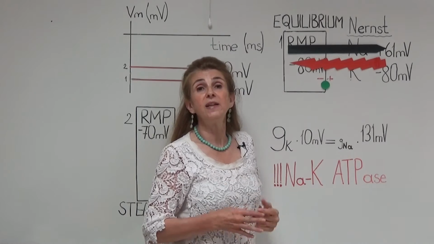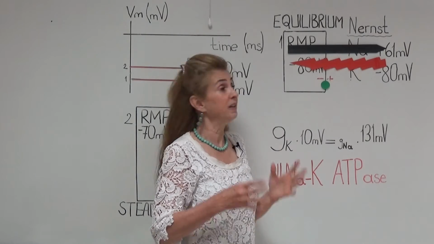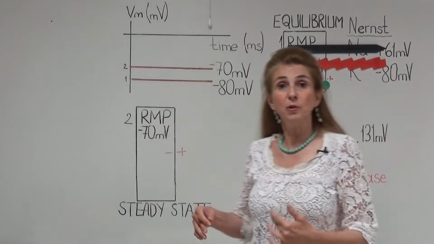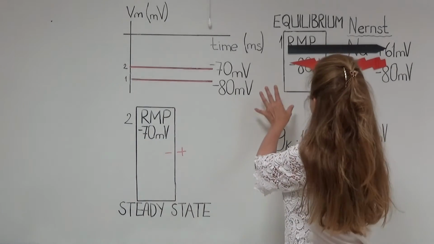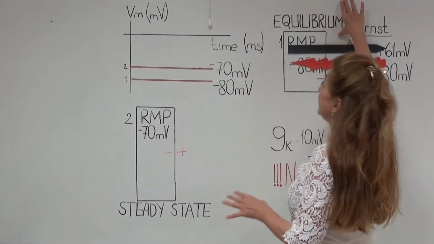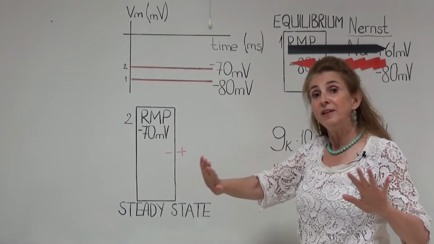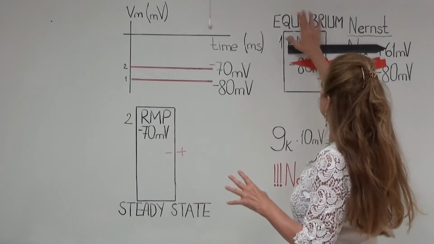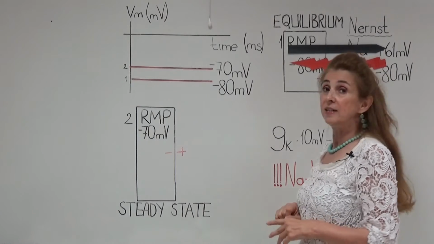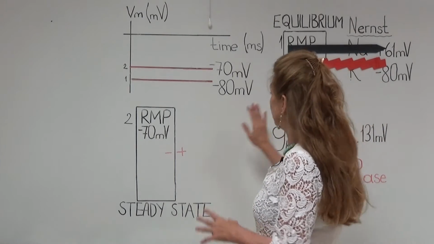So no net ion movement is present in this cell. A condition like this in physiology is called equilibrium.